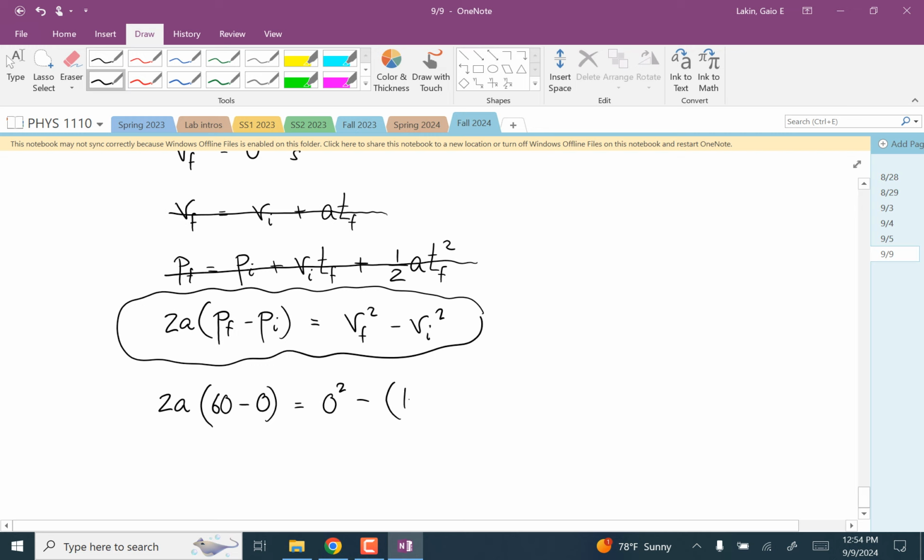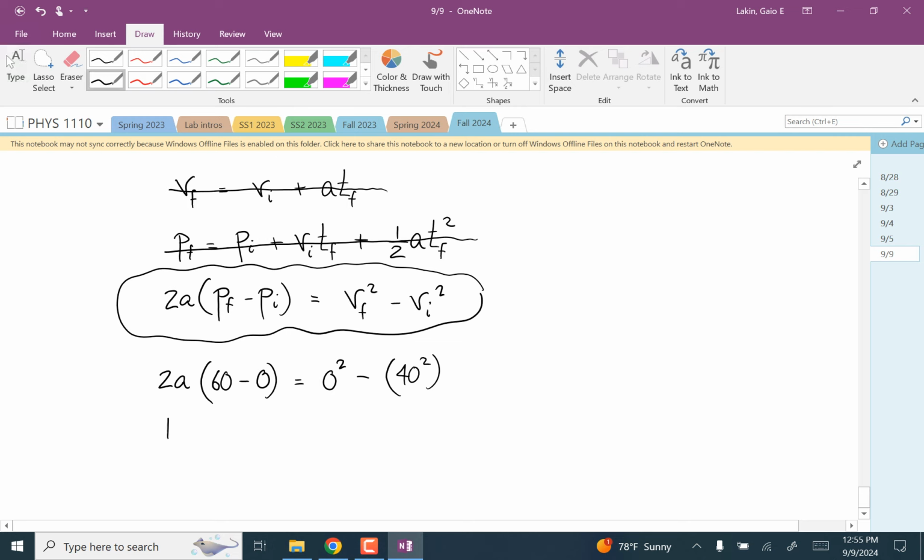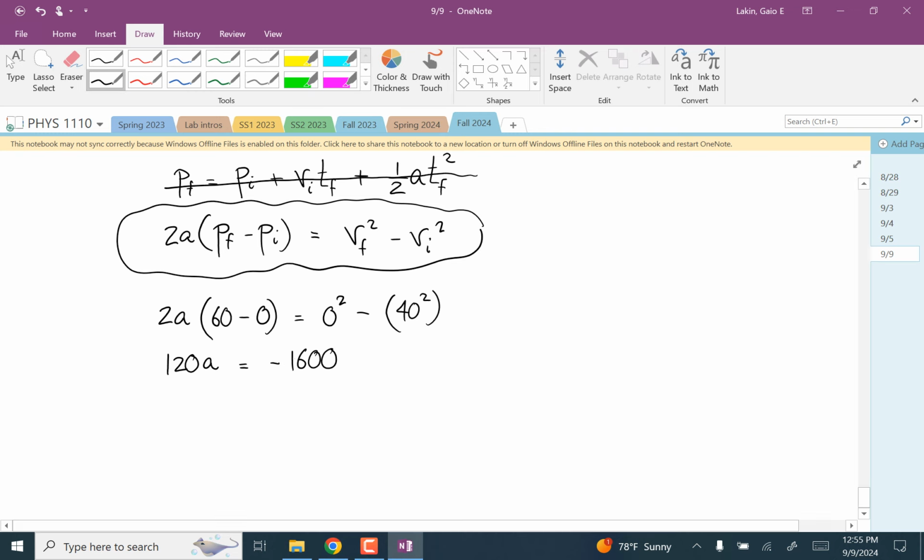So we got 40 squared. And so this gives 120A is equal to negative 1600. And so A is equal to negative 13.3 repeating meters per second squared.